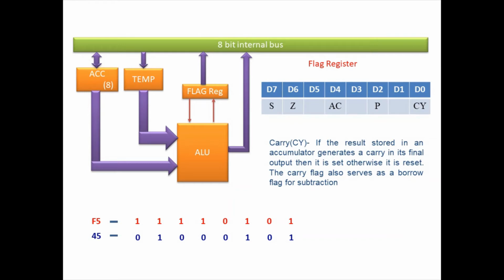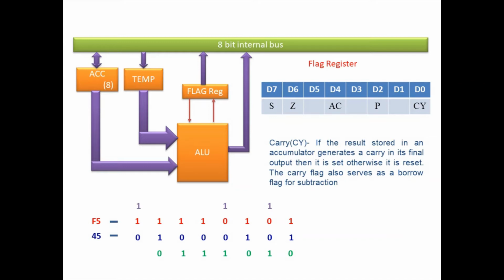Let me add these numbers. Let us assume this 45 is placed in the accumulator and this F5 is placed in the temporary register. Now add these numbers. 1 plus 1 is 0 with carry 1. The carry is forwarded. Now 1 plus 0 plus carry gives 1... Again 1 plus 0 plus 1, it is 0 with carry 1... 1 plus 1 is 0 with carry 1.